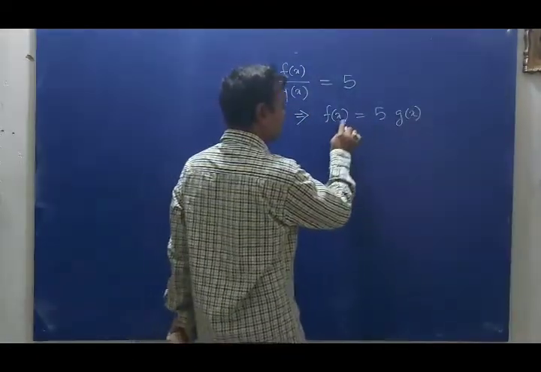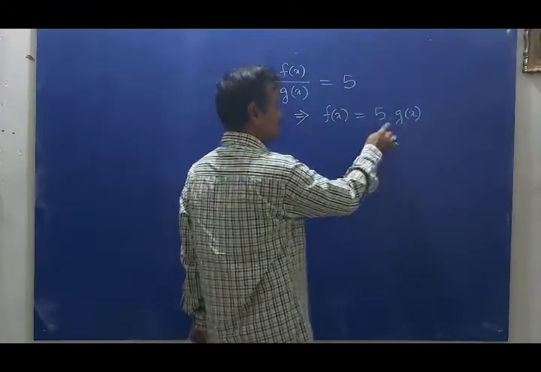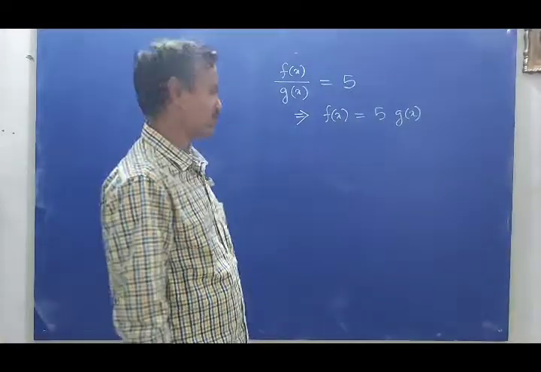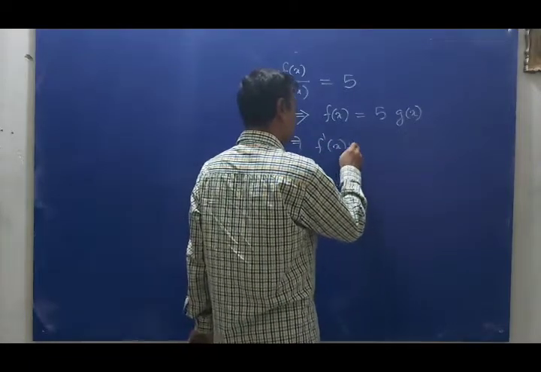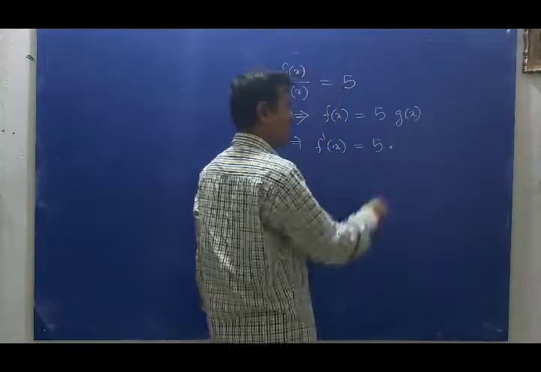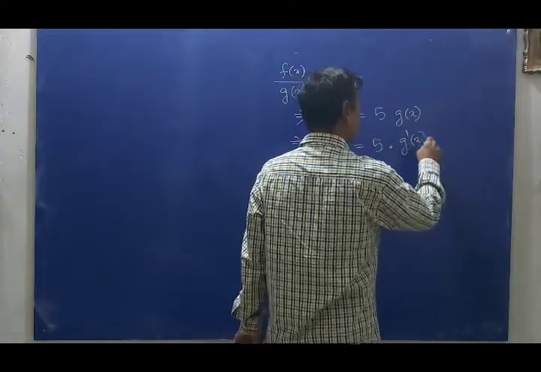If u is equal to v, then the derivative of u is equal to the derivative of v.